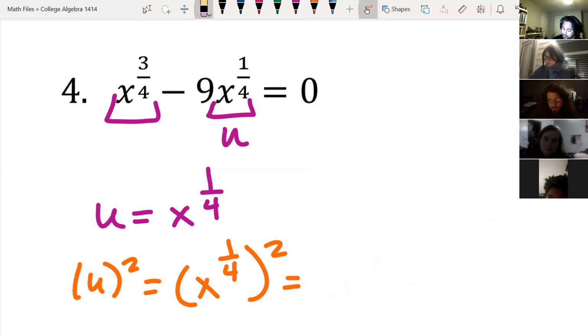Instead of squaring it, what else could we do here? How could I get that 3 up there? Do we divide it? No dividing, we're still raising. There's nothing to divide by here. Well, if squaring it put a 2 up there, how could you put a 3 up there?